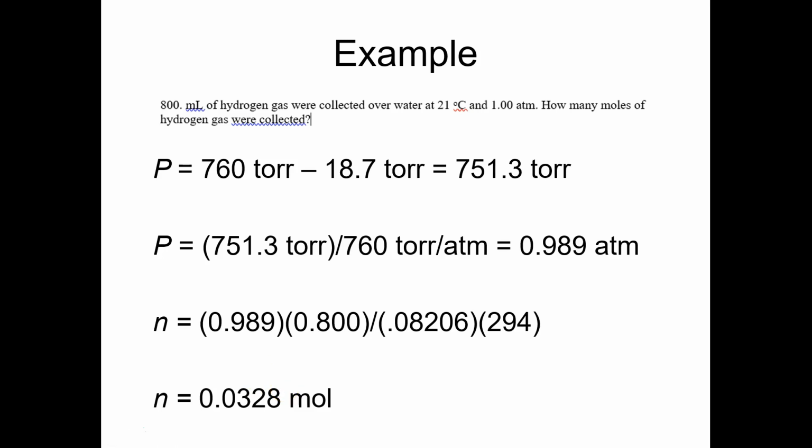Now that's a pretty tiny difference, but it will vary more at increased temperatures at which the vapor pressure of water is higher. And you're likely to see a problem either from me or from the College Board in which it asks you to solve a problem like this, and in which one of the intentionally wrong answers would be 0.0331 moles, and the correct answer would be 0.0328.